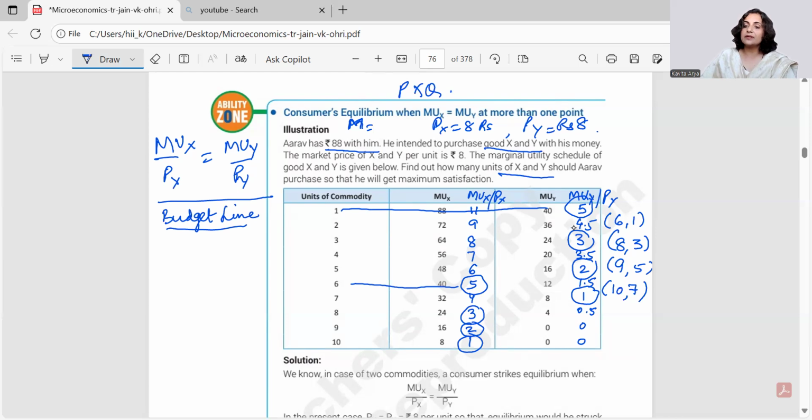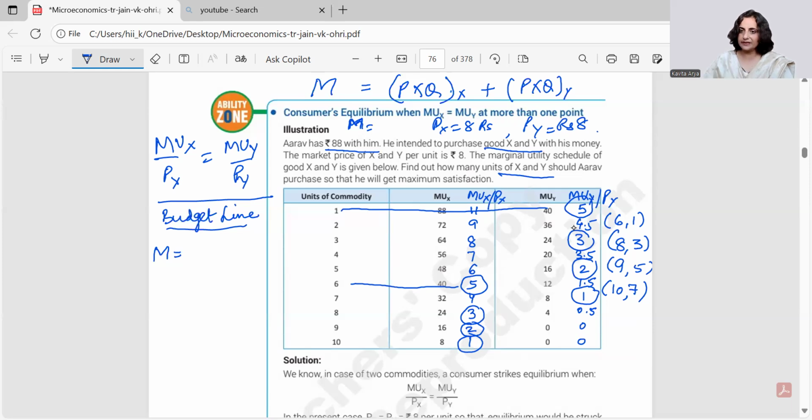So if the person is going for X as well as Y, whatever price and quantity combination for X is there and whatever price and quantity combination for Y is there, this is the total expenditure for him. Here I'm equating it with M. M means the money available with him.